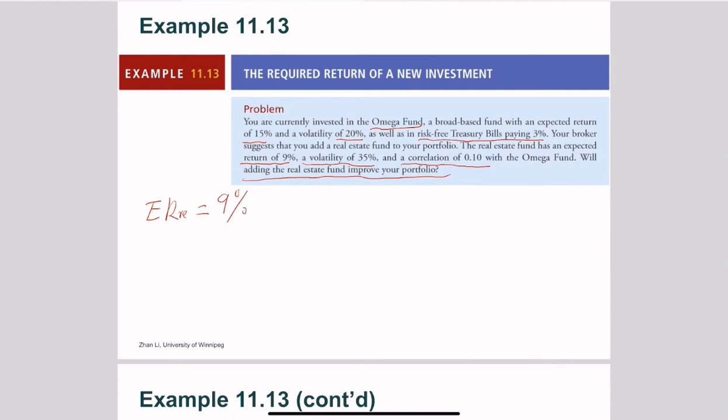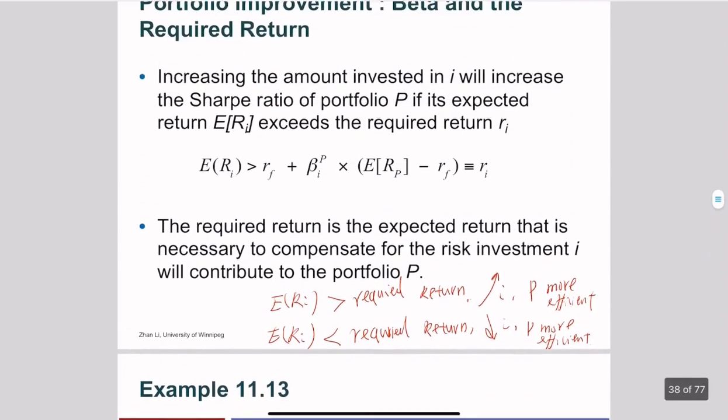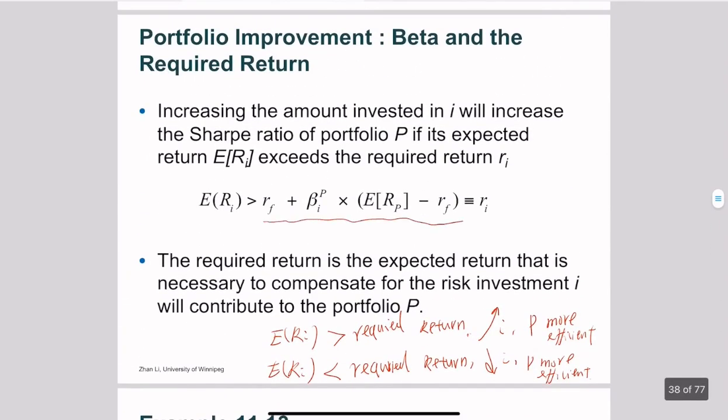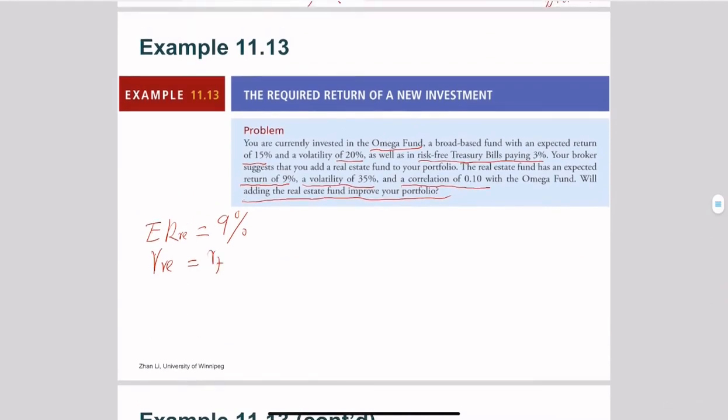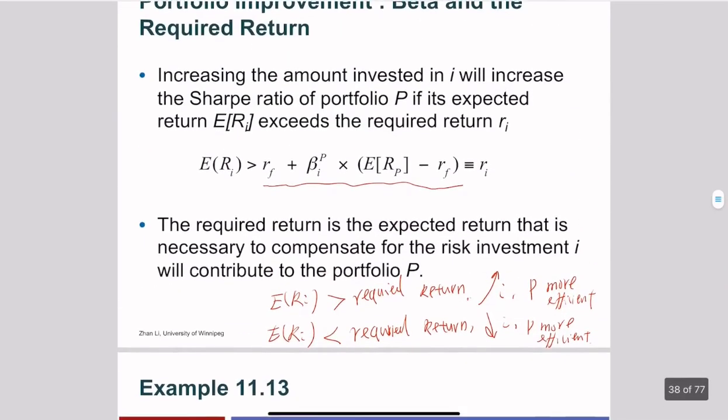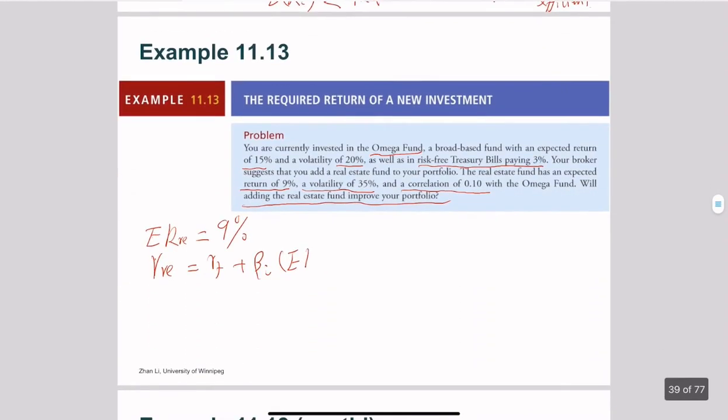So now I want to calculate what's the required return, right? So let's call the required return lowercase r. Right? And we have just learned we could use this formula to calculate required return. And this RF refers to risk-free rate, and beta I times the expected return of the RP minus RF.